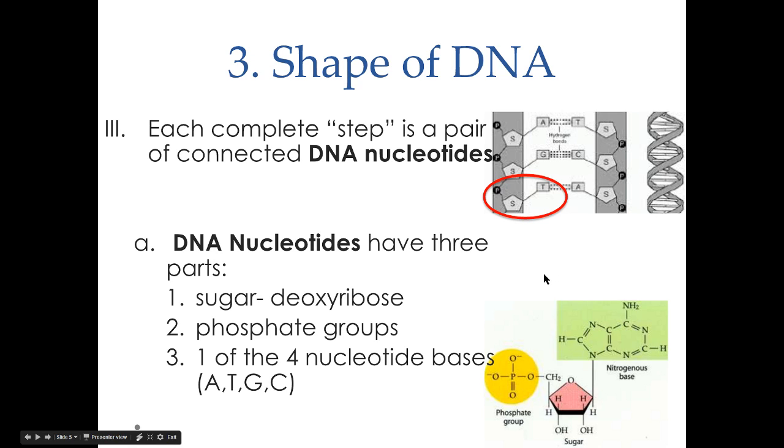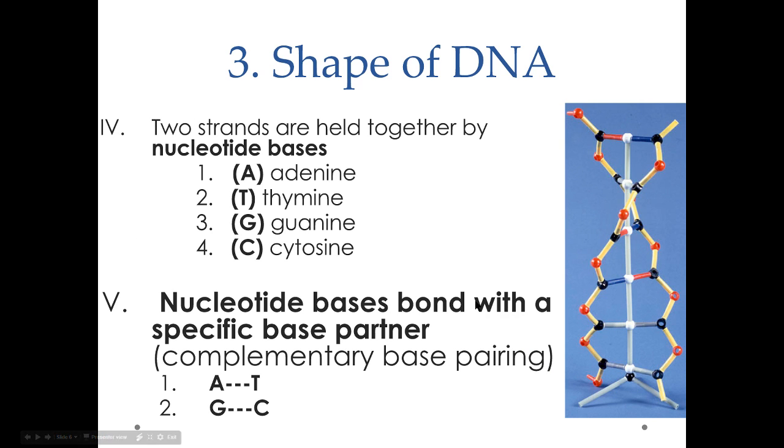Now DNA nucleotides, like I said, consist of the sugar, the phosphate, and the base. There are four different types of nucleotide bases: adenine, thymine, guanine, and cytosine. Those are the four bases, and they pair together. This is complementary base pairing. What that means is that adenine will always pair with thymine, and guanine will always pair with cytosine.